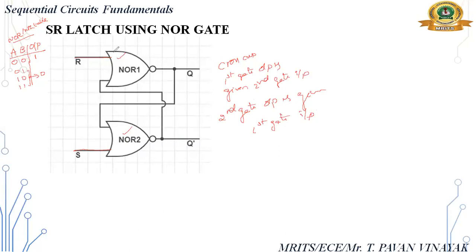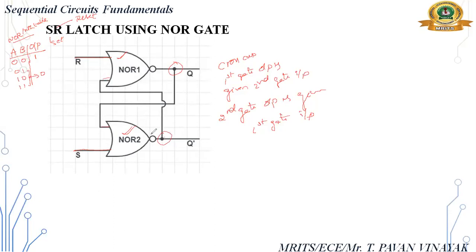Once again, the SR latch using NOR gates. We have two NOR gates. S means set, R means reset. The outputs are cross coupled, meaning the first gate output is given to the second gate input, and the second gate output is given to the first gate input.